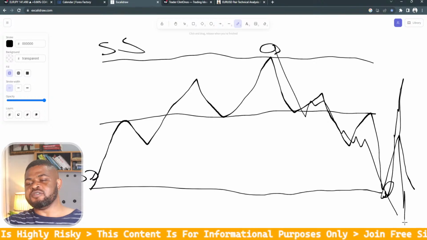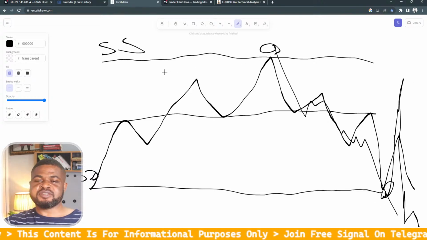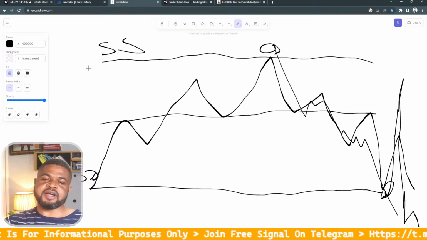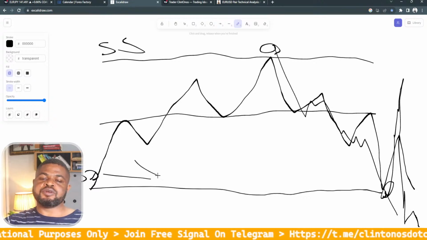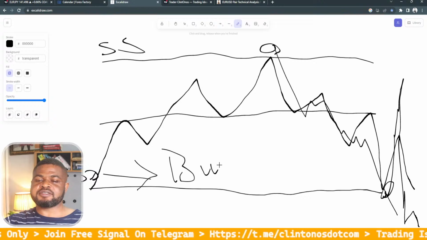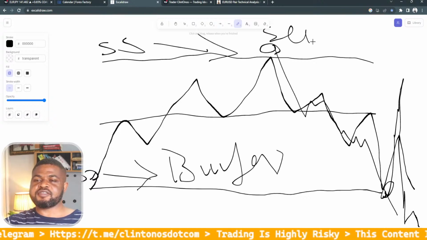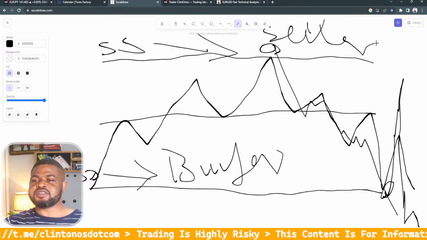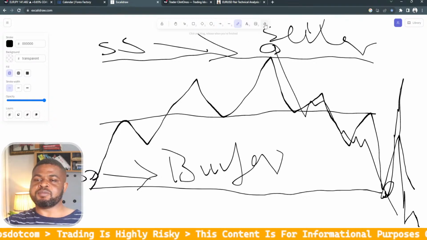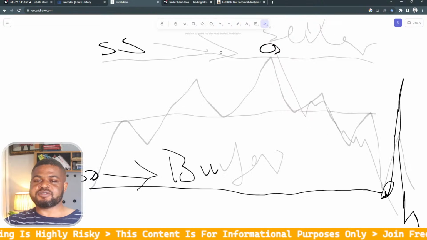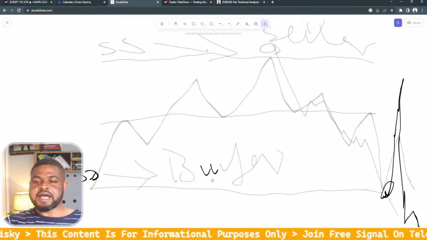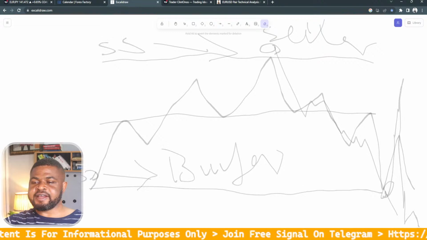If there's not enough demand, that means sellers are more than buyers. So demand equals buyers, and supply equals sellers. That's the basic demand and supply concept, right? So that's that right there.